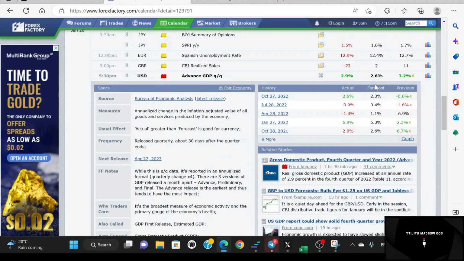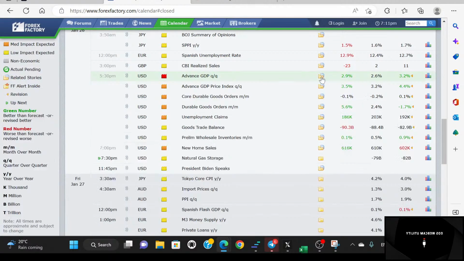That is one. Second thing, if you look at the data as well, you can see that advanced GDP is already above the expectation. And you can see that the unemployment rate has been reduced. It's green. That means more people have been employed, and this is above the expectation.